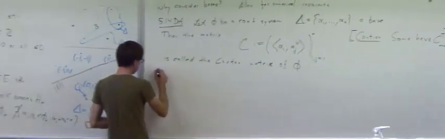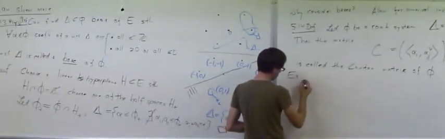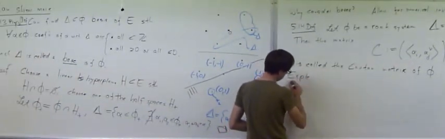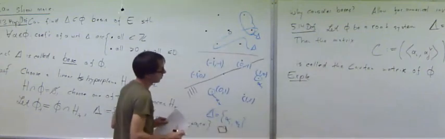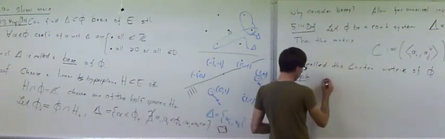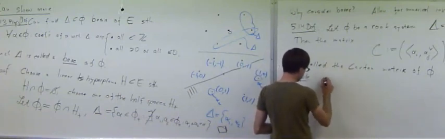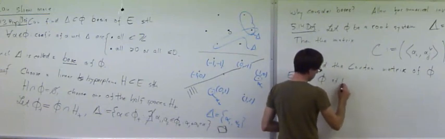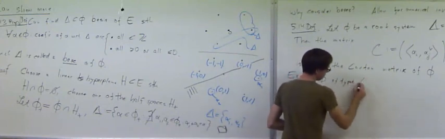Yeah, one of the examples I put on the exercise sheet: you compute the Cartesian matrix of the root system of type B2 for Thursday. But for now let's consider phi of type A2.